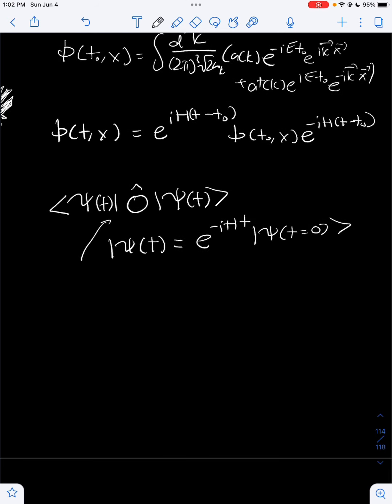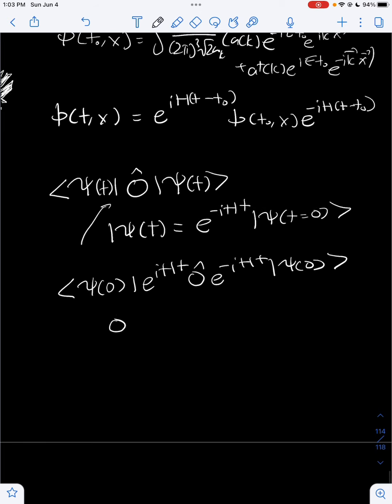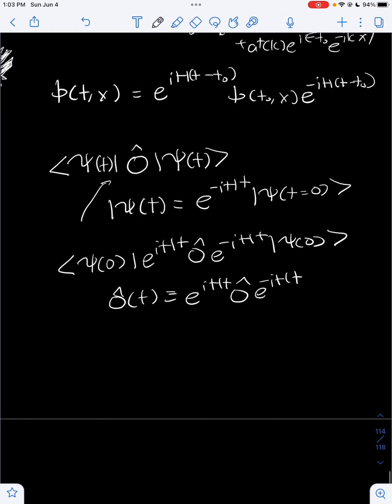So you can just write this out as psi of 0, e to the iHt, the operator, e to the minus iHt, psi of 0. I'm saying phi, but I mean psi. And then we can say, let's just define O of t as e to the iHt, O, e to the minus iHt. And then this just becomes psi of 0, O of t, psi of 0.